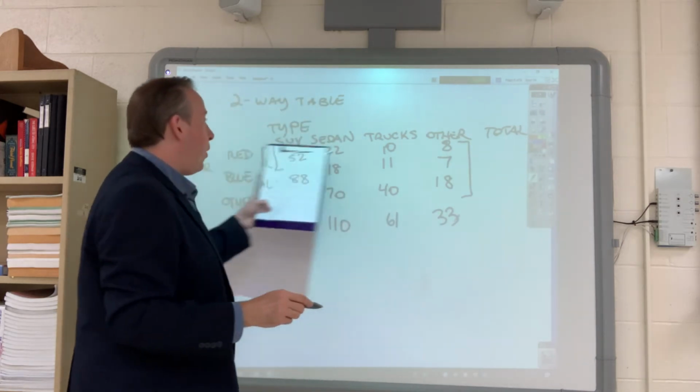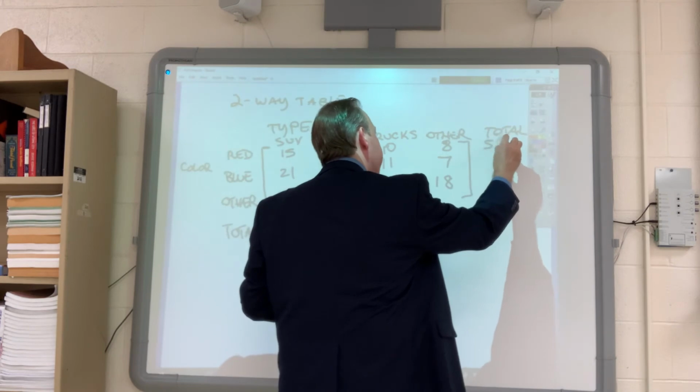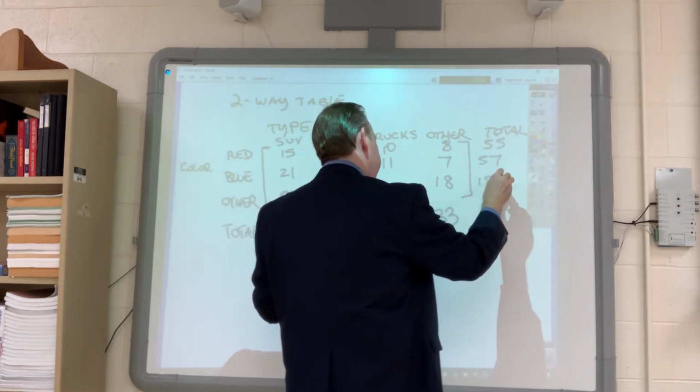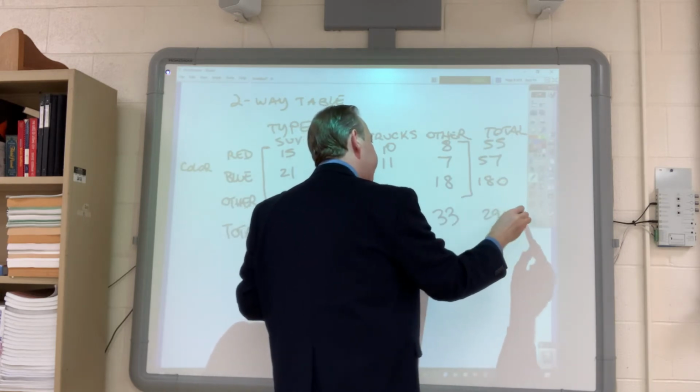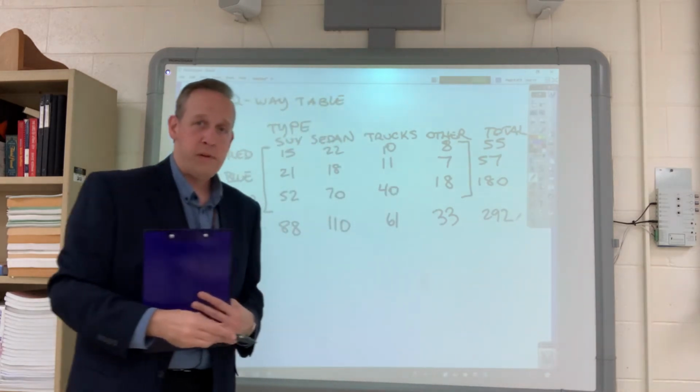And so far as red cars, counting across, we have 55 red cars, we have 57 blue cars, we have 180 of other color cars, and whether you add it vertically or horizontally, you're going to find 292 vehicles counted.